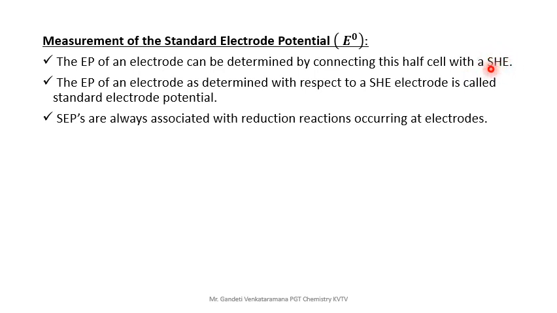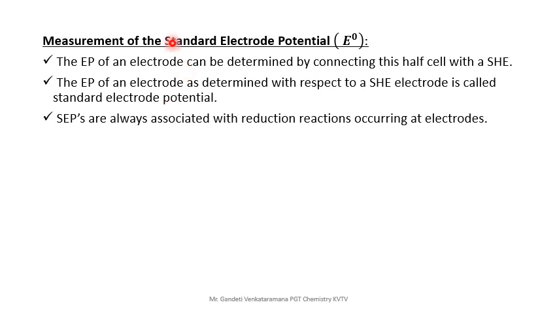So the electrode potential of an electrode, as determined with respect to a standard hydrogen electrode, is called standard electrode potential. Whatever electrode potential you calculate with respect to the standard hydrogen electrode, that is called standard electrode potential.